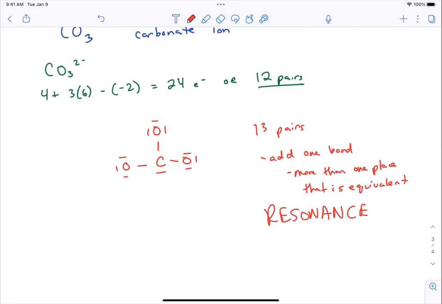No, no. It's just when you do the test structure and you realize you need to add a bond and you have more than one place to add the bond, that's what you want to look for. It doesn't necessarily have to do with anything with a certain value or anything like that. Yes. Theoretically. I can't imagine one where that is the case, but yes, theoretically, that would be the case.